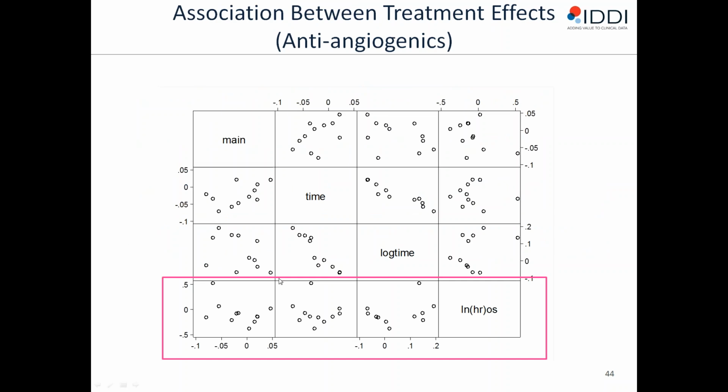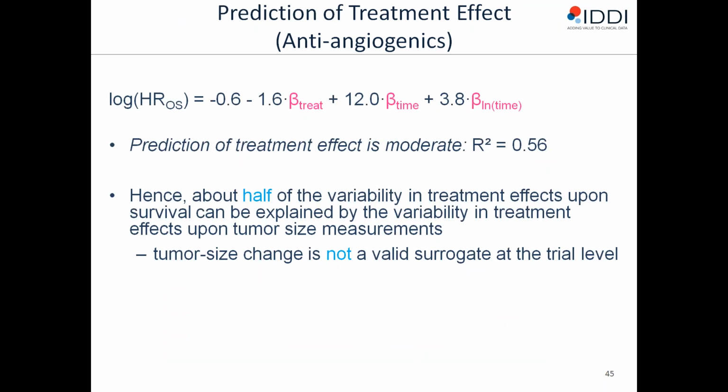Same story, scatter plot matrix. This is the plot for the treatment effects in terms of the intercept, time effect, and the log time effect. And again, there doesn't seem to be very much association. If we take it jointly, well, R-squared now jumps to 0.56. This is not a value we've seen previously, but still, it's only about half of the variability which is explained jointly by these three treatment effects.